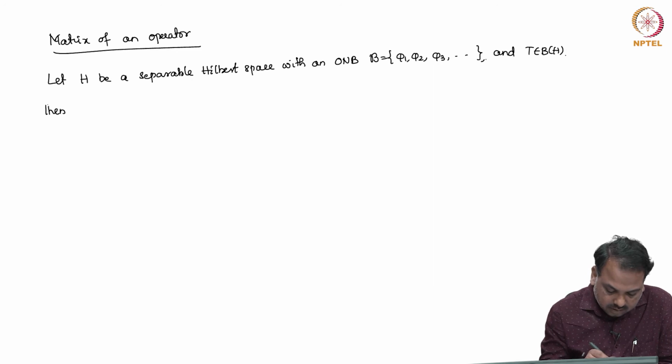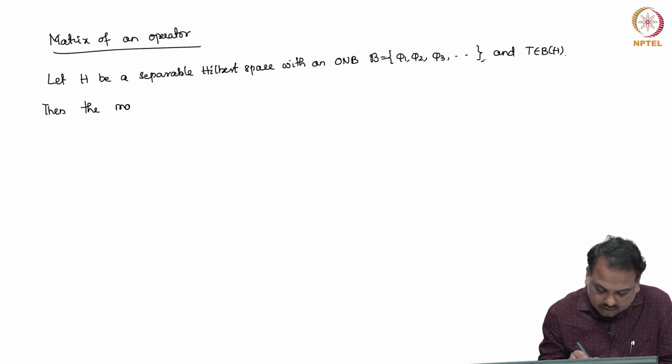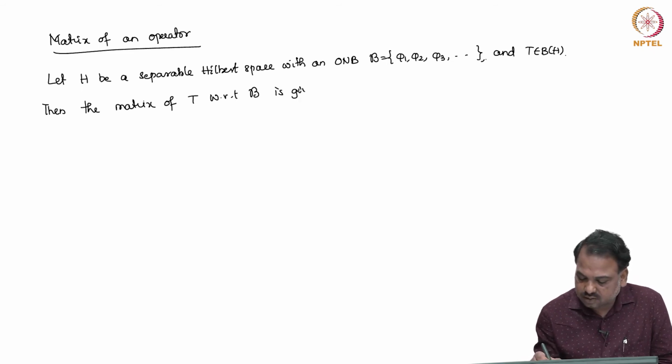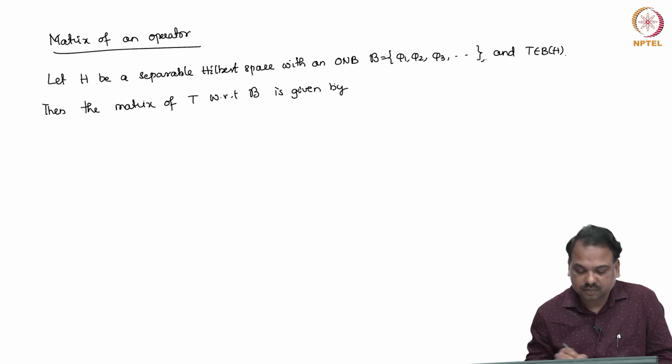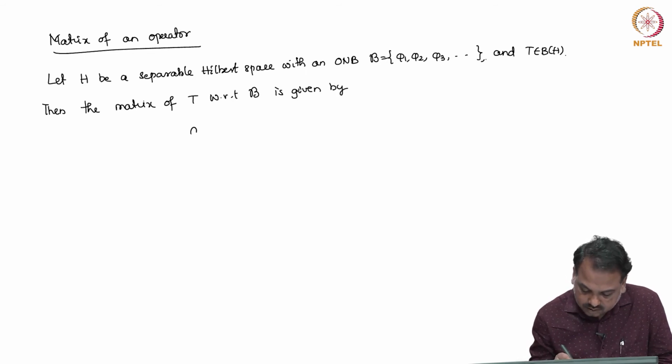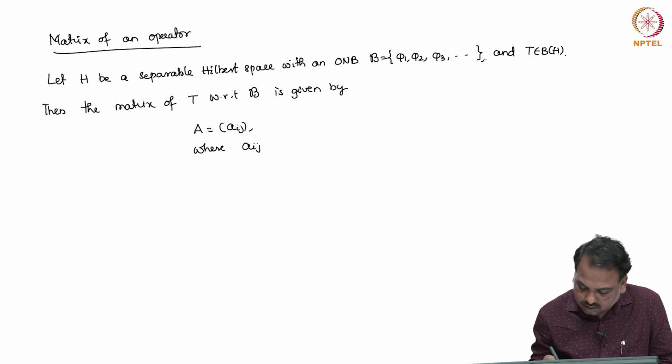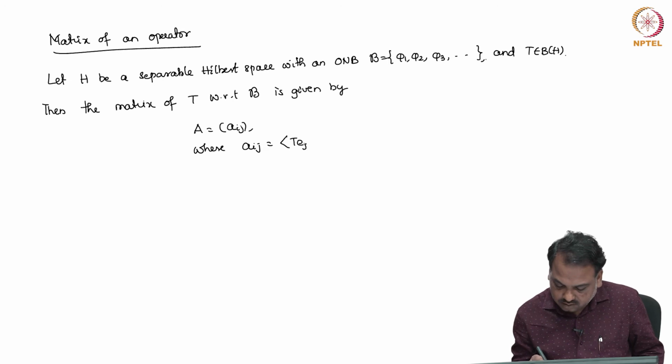Then the matrix of T with respect to B, the orthonormal basis, is given by A, with entries Aij, where we define Aij as the inner product of T Ej with Ei.